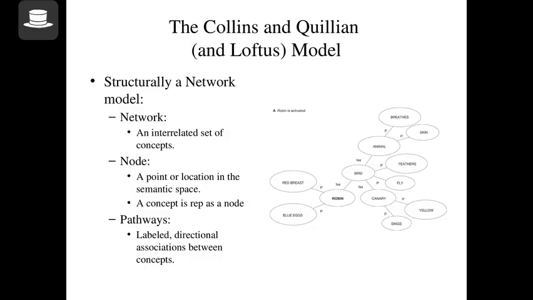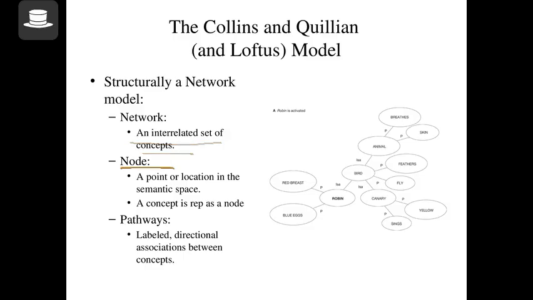So your semantic memory, conceptual semantic memory 1, is a network of these different concepts. So you can think of semantic memory as an interrelated set of concepts, or interconnected set of concepts, or a network of concepts.